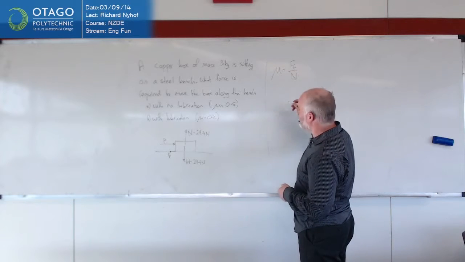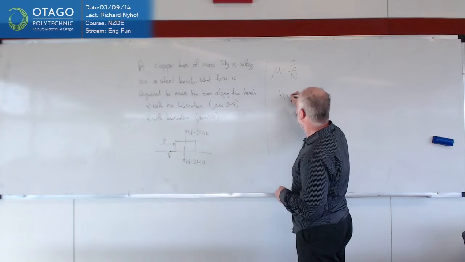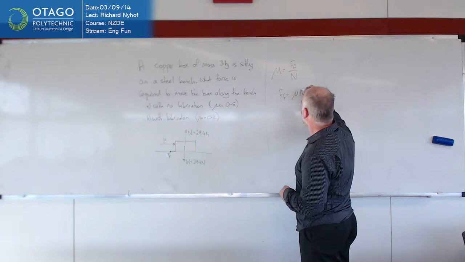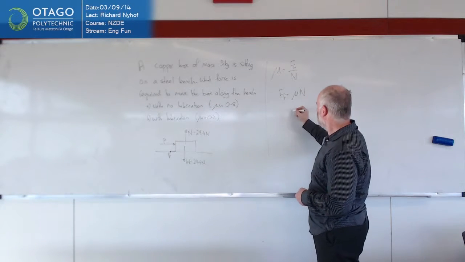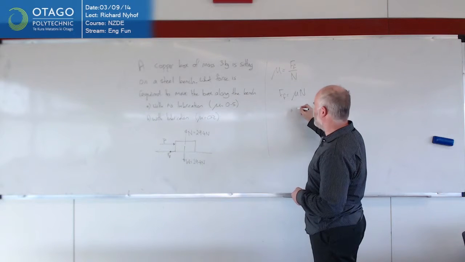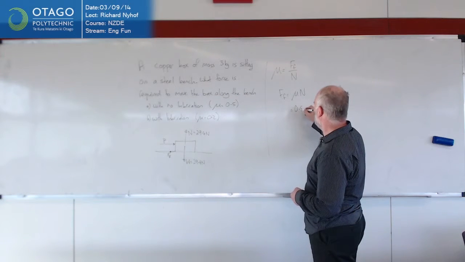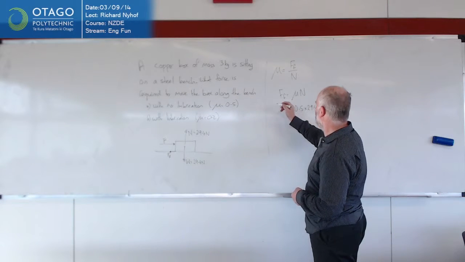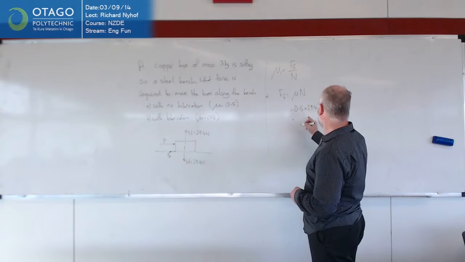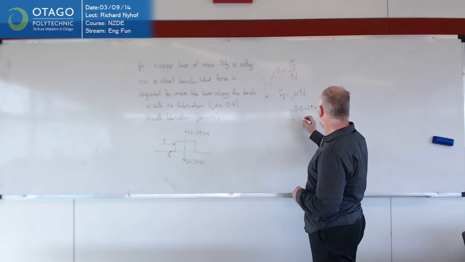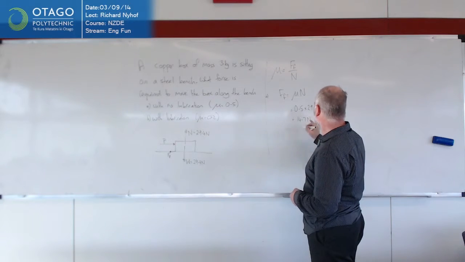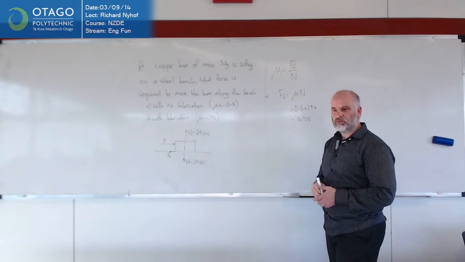We're trying to find the force of friction. The force of friction is equal to mu times N, which without lubrication is 0.5 times 29.4, which is half of 29.4, 14.7.